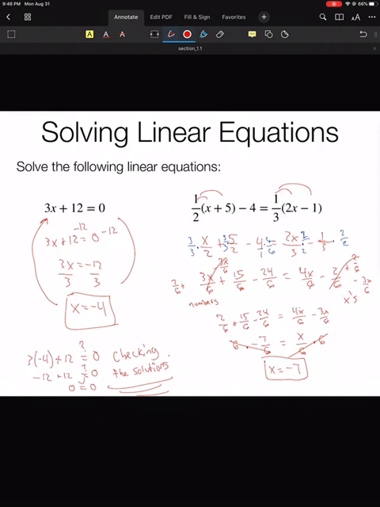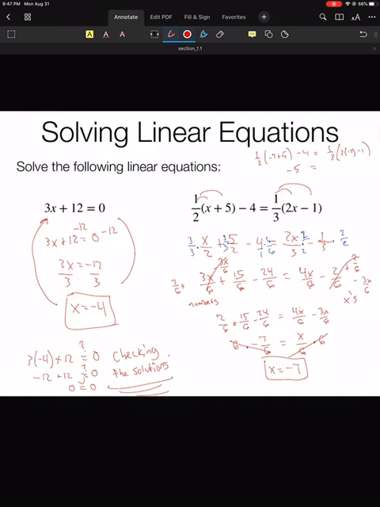Then I need to check the solutions. I'm going to do that up here. 1/2 of negative 7 plus 5, minus 4, is equal to 1/3 of 2 times negative 7 minus 1. Okay, negative 7 plus 5 is negative 2, divided by 2 is negative 1, minus 4 is negative 5.